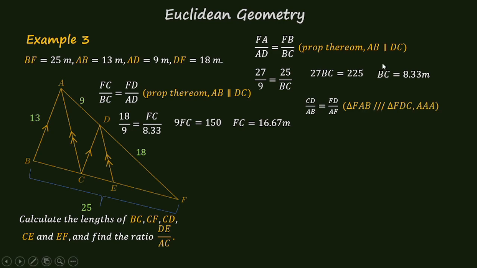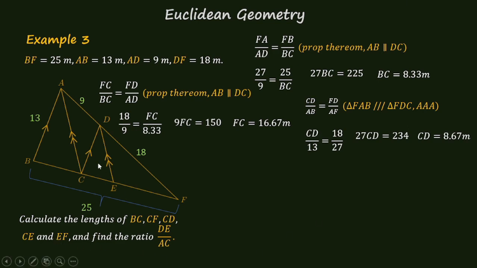We can therefore express their sides based on the way we have arranged the equal angles here. So we can write CD over AB and write FD over AF, based on how the angles are arranged there. We will talk about that in the next section. After that, you can simply substitute the values and we'll find that the length of CD is 8.67 meters.